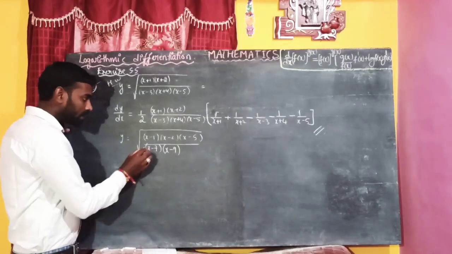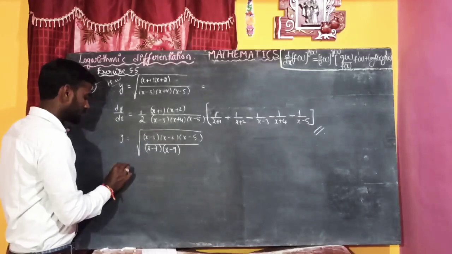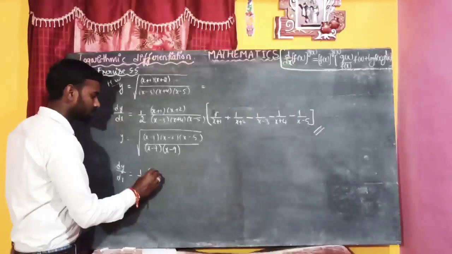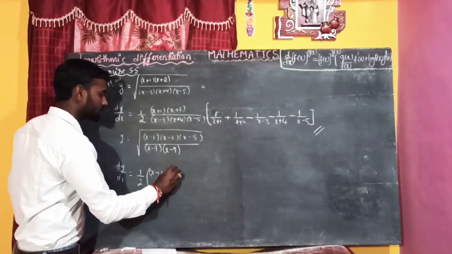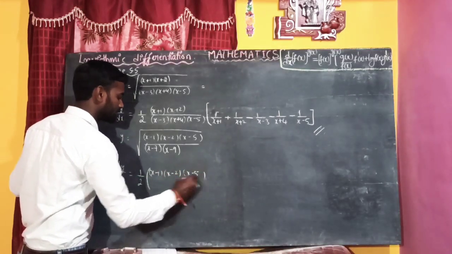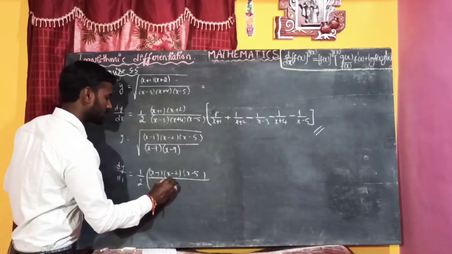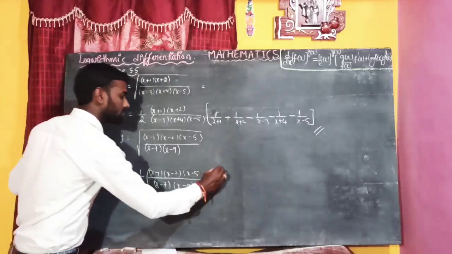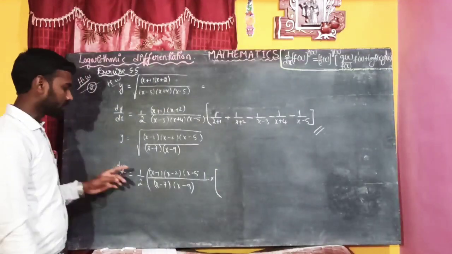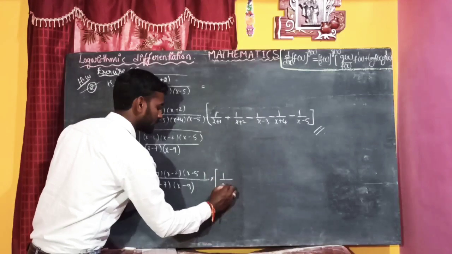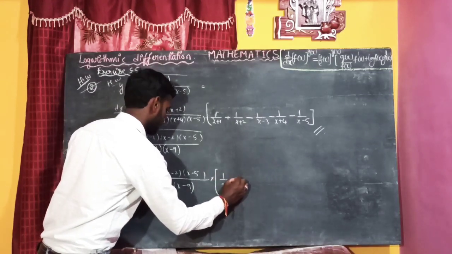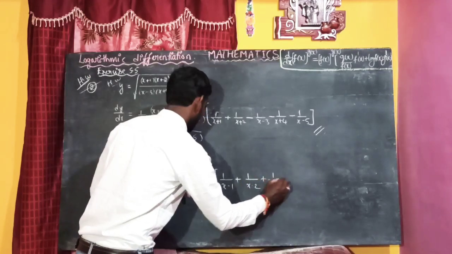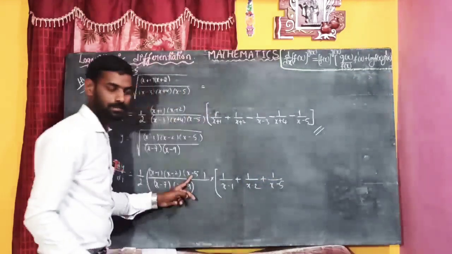Then its answer should be dy by dx is equal to 1 by 2 into this function, into 1 by x minus 1 plus 1 by x minus 2, next plus 1 by x minus 5.